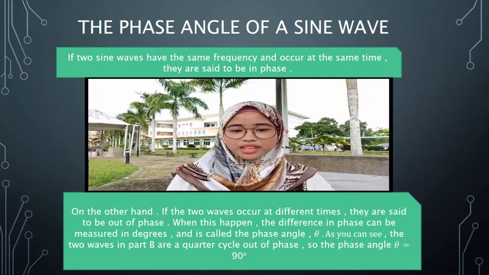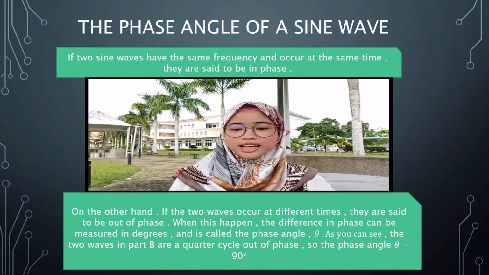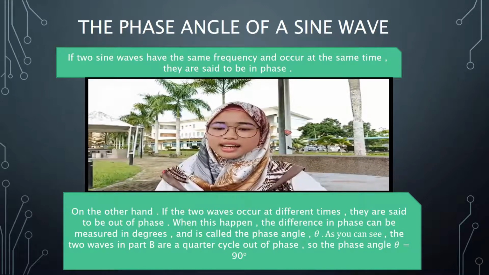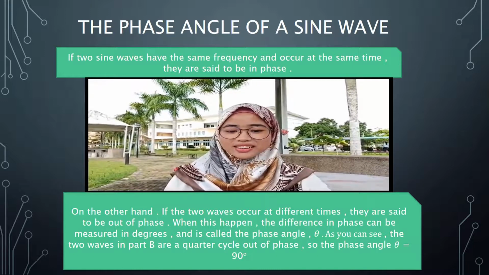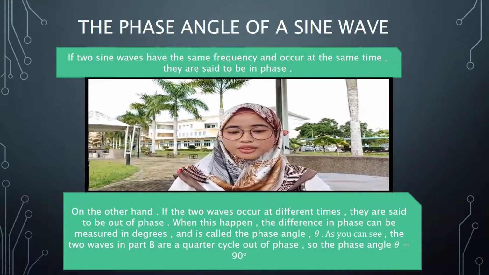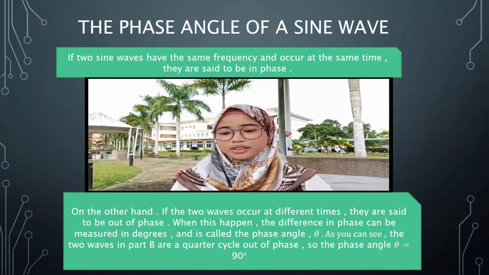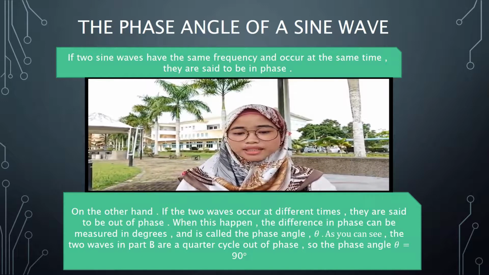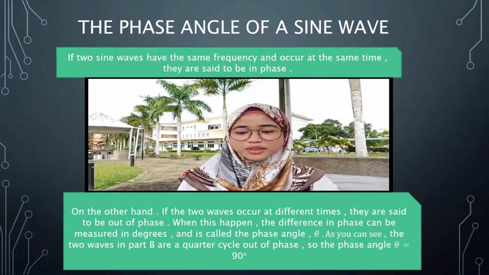When this happens, the difference in phase can be measured in degrees and is called the phase angle delta. As you can see, the two waves in part B are a quarter cycle out of phase, so the phase angle delta equals 90 degrees.